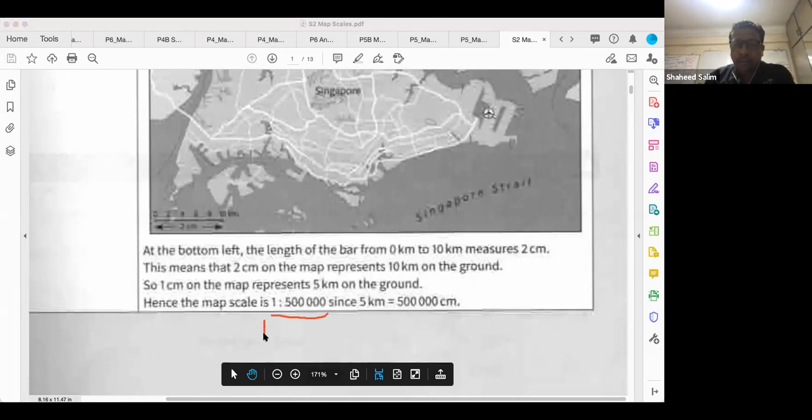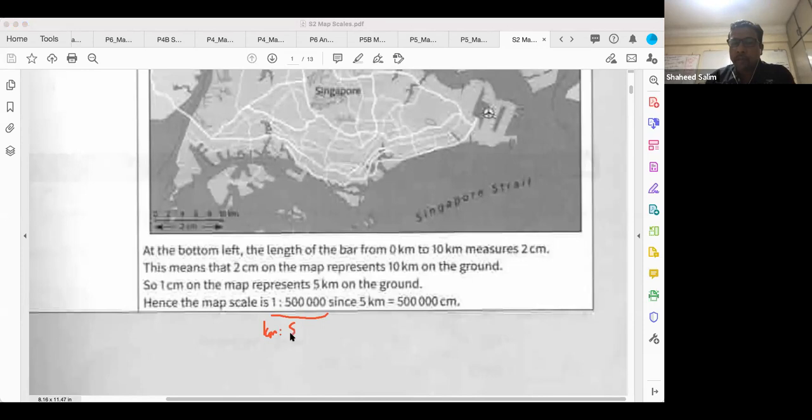What this means is 1 cm is to 500,000 cm. If you say 1 meter, then 1 meter is also equal to 500,000 meters. It depends on what unit you put here, but you normally don't have meters because a map is not that large. A map is only this size, so it's normally cm to meters or to km. So we are going to cover that.